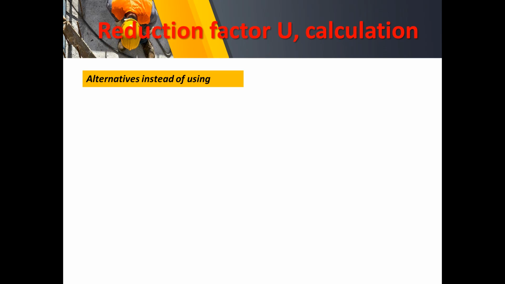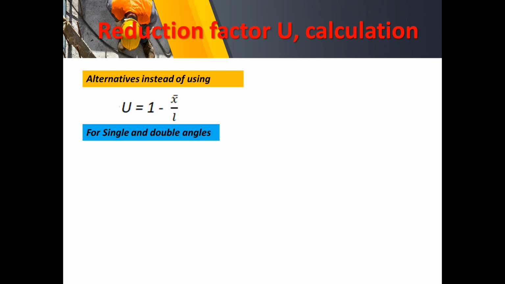So we also have alternatives, instead of using the general formula U is equal to 1 minus X bar over L. By the way, these alternatives are only applicable if your cross section is yet to be determined. So it is actually a rough estimate of the value of the reduction factor.